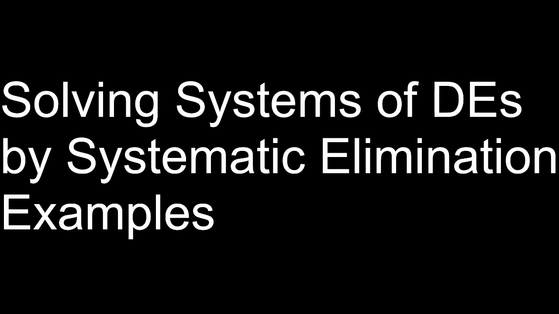What you're going to see is that solving a system of differential equations through systematic elimination starts off in a very similar fashion to solving a system of linear equations in beginning algebra through the elimination process. So hopefully you'll see what I mean when we get into these examples.